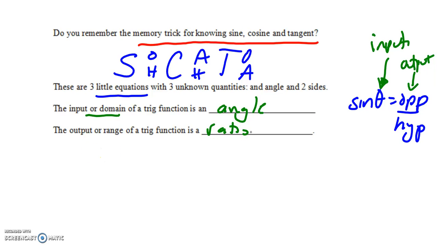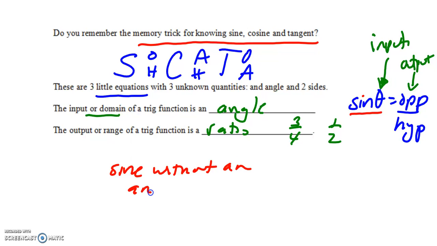And most of the time you will see a ratio written as a fraction, like 3/4 or 1/2 or something along those lines. Now, as kind of a silly memory trick for that, something I tend to say is when you look at sine of an angle, it's very common to mispronounce that as sin when you first learn trig. So what I like to write down is this silly little phrase, sine without an angle is sin.